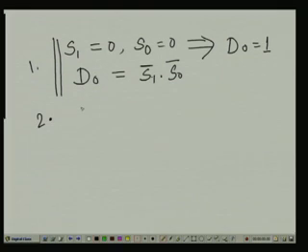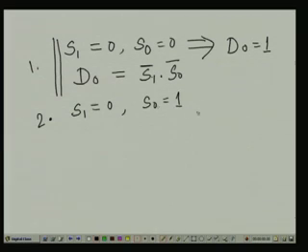Case 2 is S1 is 0 and S0 is 1. This puts D1 equal to 1.